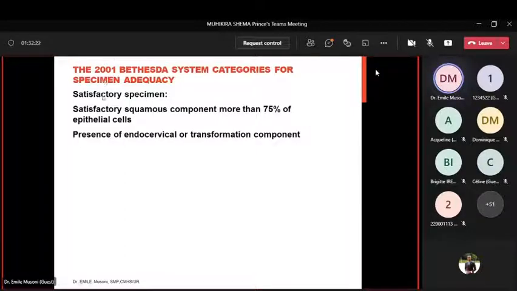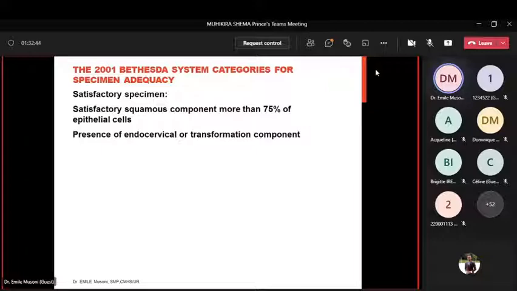Before reporting, you must have a satisfactory specimen: squamous component more than 70% of the epithelial cells, and presence of endocervical and transformation zone components. Then you say, I have an adequate sample.